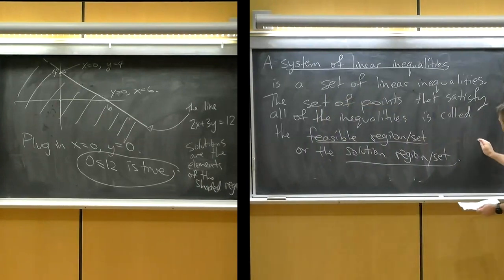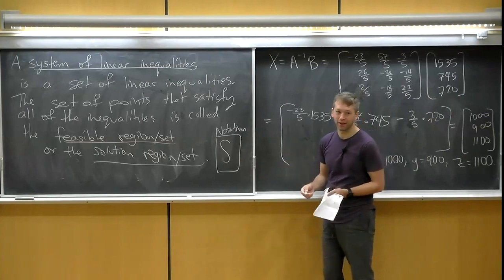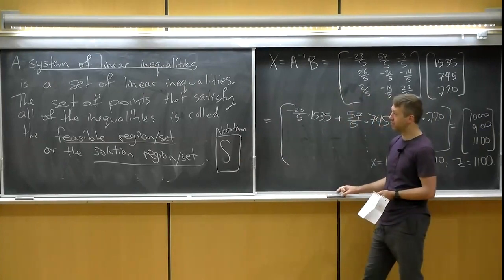And it's usually written as S. So that's your notation. It's kind of unfortunate that in probability, S was the sample space, and now here S is the solution space, but this is a different S than before.